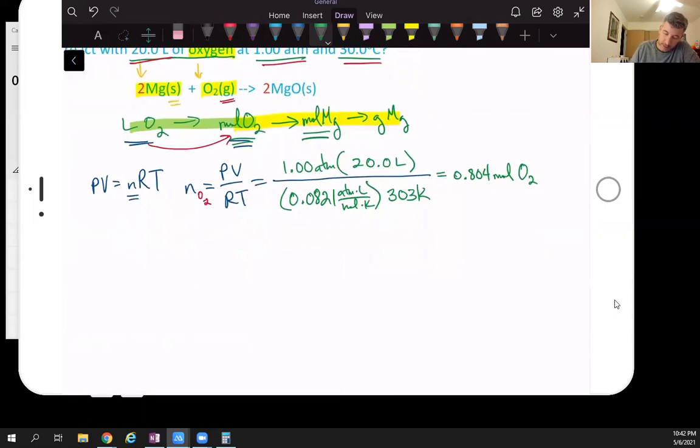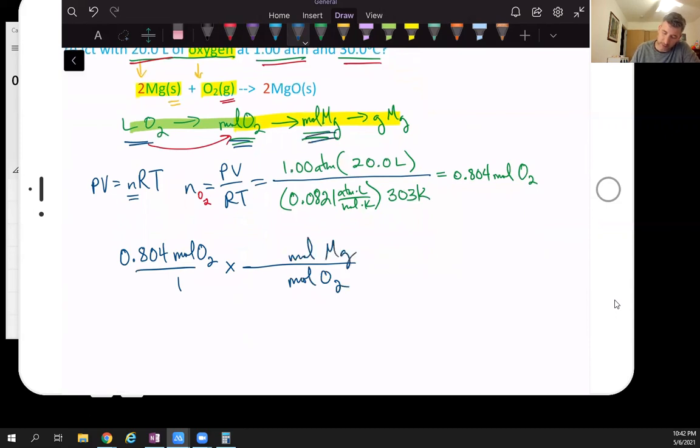Okay, so let's go ahead and do that conversion then. So we're going to do 0.804. The rest is just stoichiometry, which we should be very familiar with. 0.804 moles of oxygen, the answer we just got. We're going to convert from moles of oxygen to moles of magnesium.